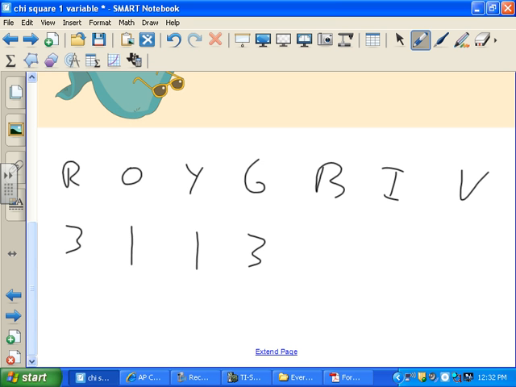Good Lord, it's a lot of blue. 13. Indigo, what color is that? Blue, purple. You cannot vote twice. 4. And violet. 4.